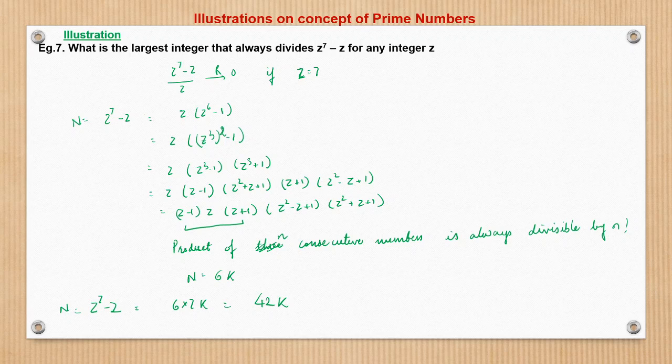Now further, after solving this, we can say that this is a product of three consecutive integers. So hence this will also be a multiple of 6. So 7 and 6, the net multiple will be 42k. Therefore 42 is the largest integer which will divide this. So 42 is the answer to this question.